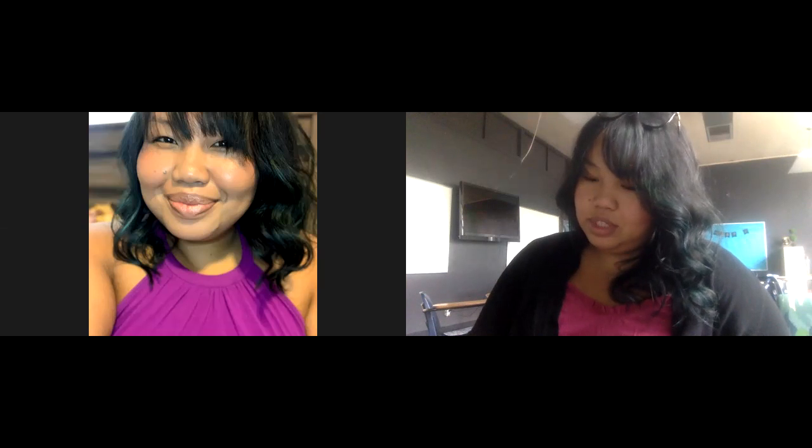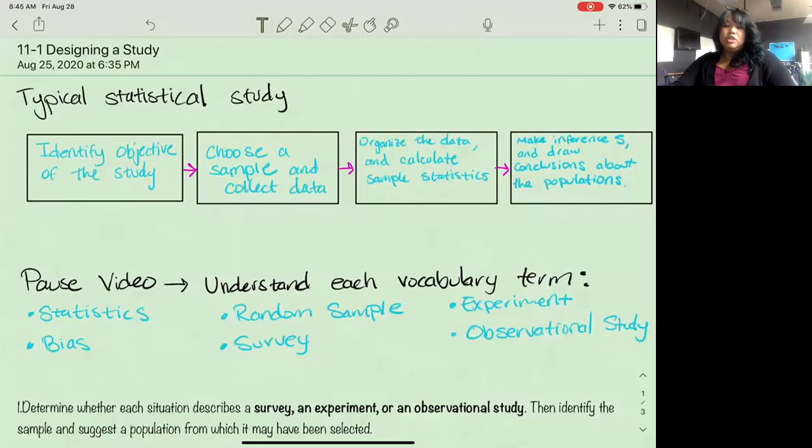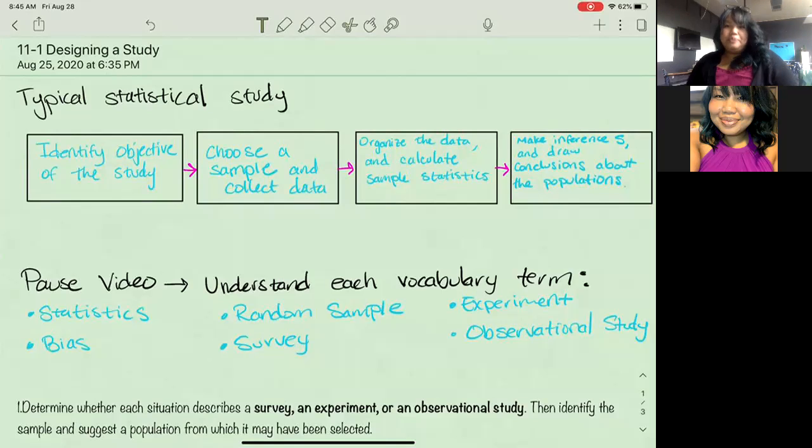So without further ado, let's just go through our designing study here. Okie dokie. So here we find a typical statistical study.